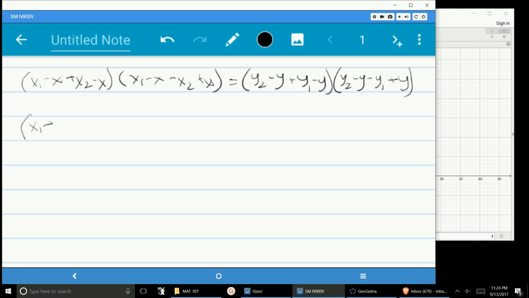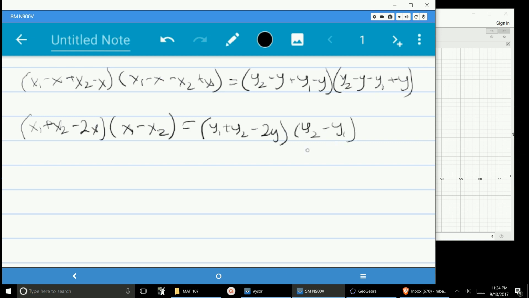So x1 plus x2 minus 2 of the x's. Here the x's cancel. So we have x1 minus x2. And then over here something kind of like that happens. We get y1 plus y2 minus 2y. And then we get y2 minus y1. So they're slightly different because this is y1 minus y2, that's y2 minus y1.